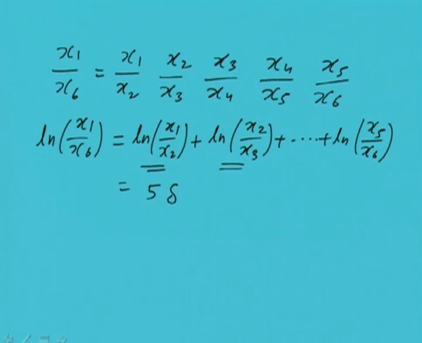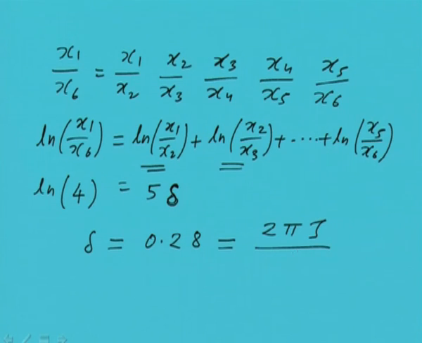So we can write this as 5 into delta, the logarithmic decrement, and we know that this quantity was 4. So this will give us the logarithmic decrement, and it can be obtained, that will be 0.28. And once we know the logarithmic decrement, we know how the damping ratio is related to the logarithmic decrement.